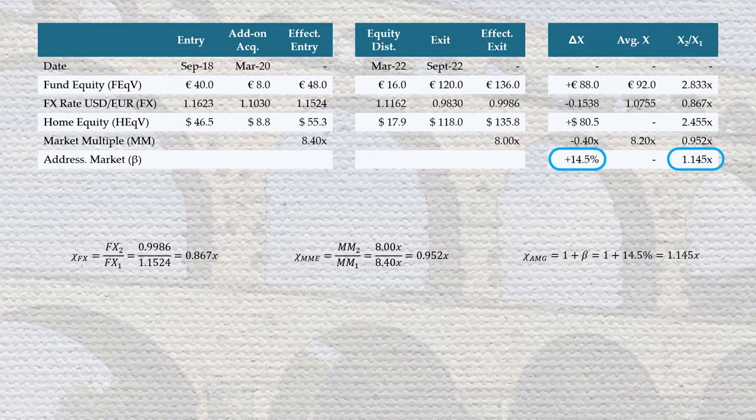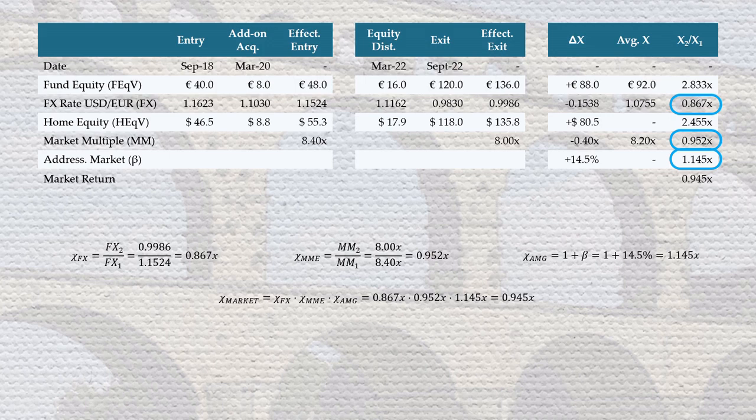The market-driven return multiplier is simply the product of these 3 numbers, which is equal to 0.945. This is the multiple of invested capital that you would get if the GP had no impact on the deal. The fact that it's below 1 means the GP is performing against broader market headwinds. The deal returns 2.455 invested capital in the LP's home currency USD.